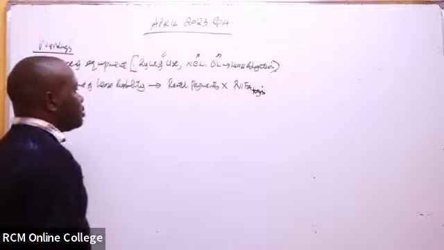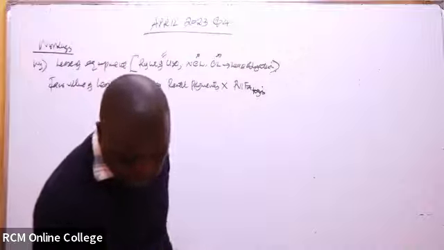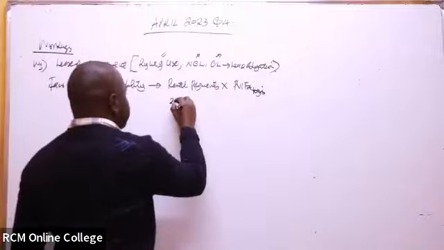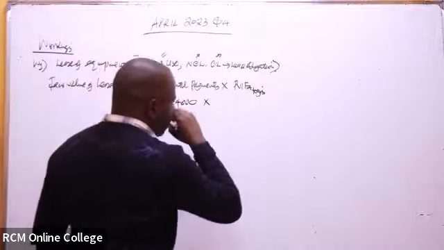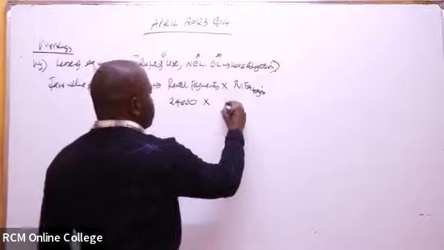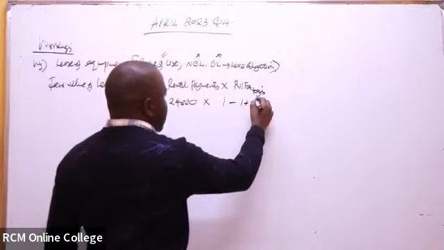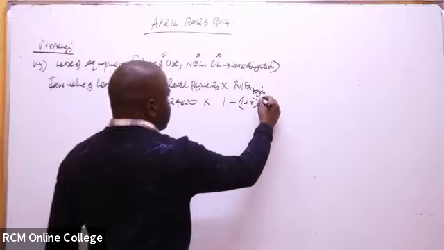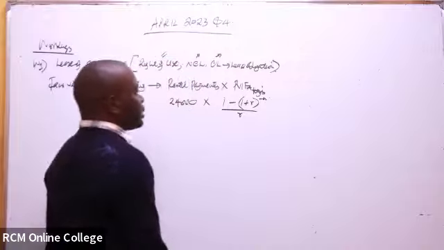So we take the rental payments they're having to make, 24 million. So it will be 24,000 multiplied by 1 minus 1 plus r raised to negative n, over r. So that is how you do it.